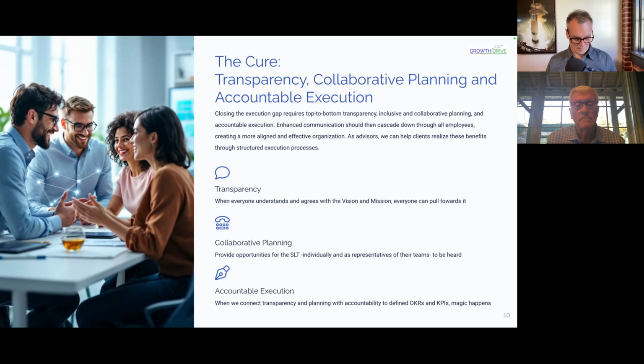Collaborative planning. Think about how different it is if you were asked to do something that you were involved in planning and where your inputs were at least heard, versus someone putting a directive on your desk and saying, hey, even in a friendly way, why don't you get this done?